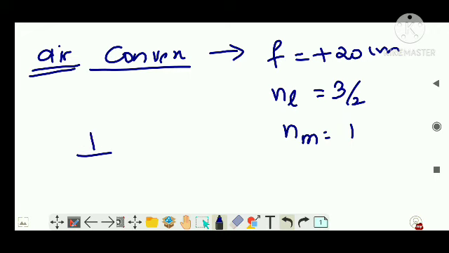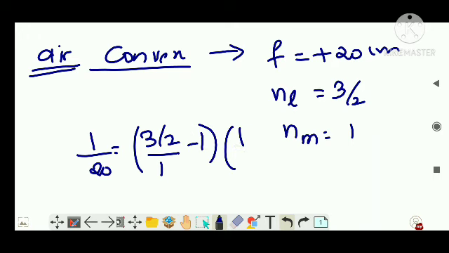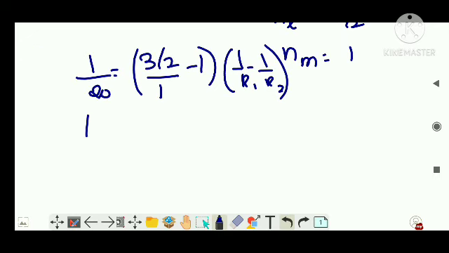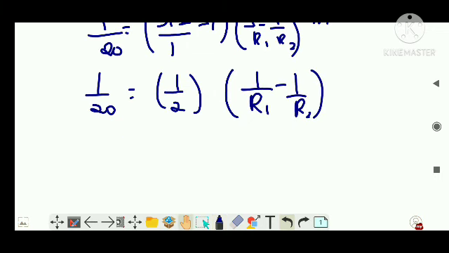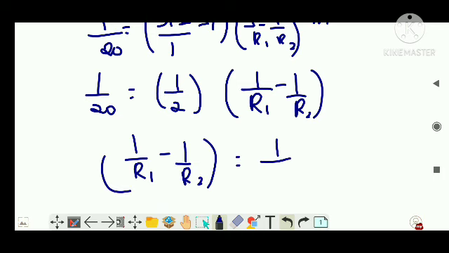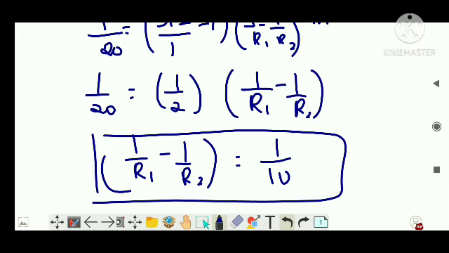Then 1 by F, that is 1 by 20, is equal to (NL by NM, that is 3 by 2 by 1, minus 1) times (1 by R1 minus 1 by R2). I have no idea about the radii of curvature of the two surfaces of the lens, so I will leave it like that. Now 1 by 20 equals (3 by 2 minus 1, that is 1 by 2) times (1 by R1 minus 1 by R2). So 1 by R1 minus 1 by R2 is 1 by 10. Keep this, we require this one.